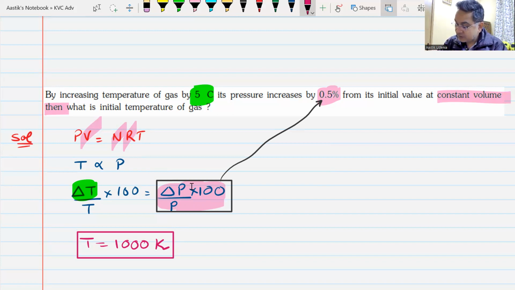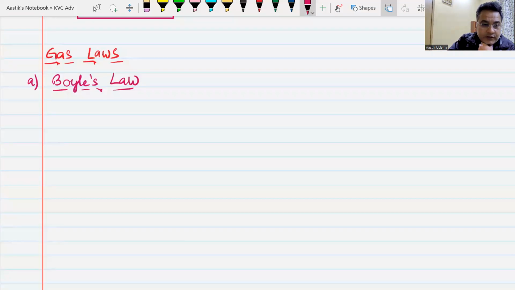What is the first gas law that you have heard about? The first gas law that you would have heard about would be Boyle's law. Yes or no?